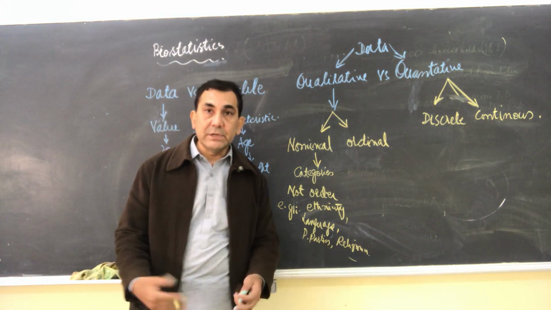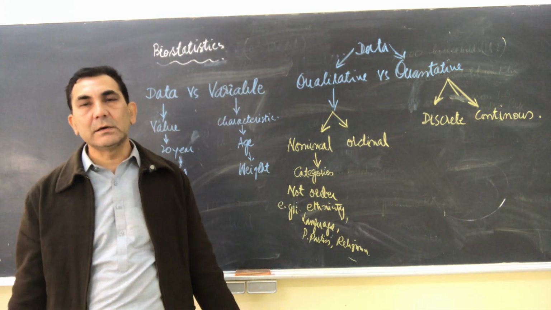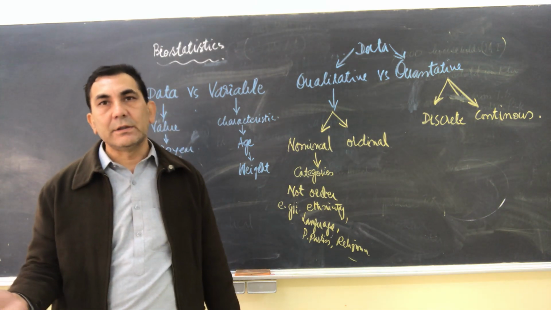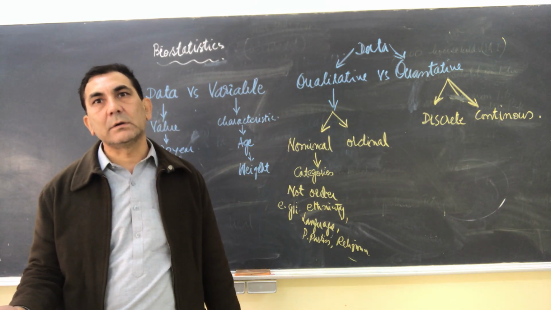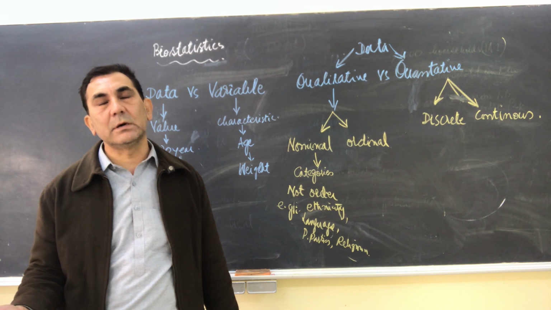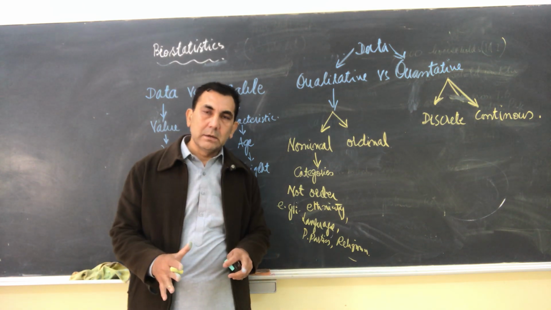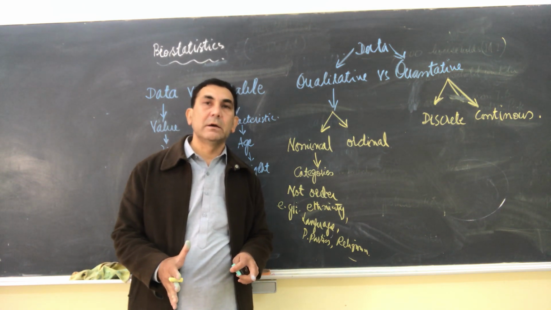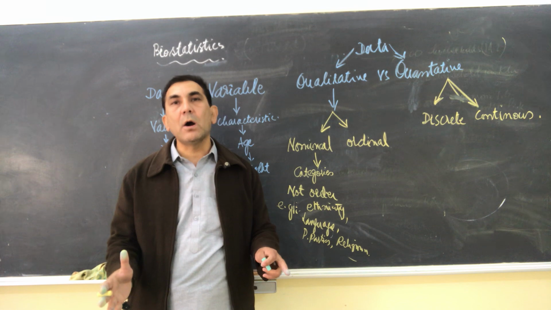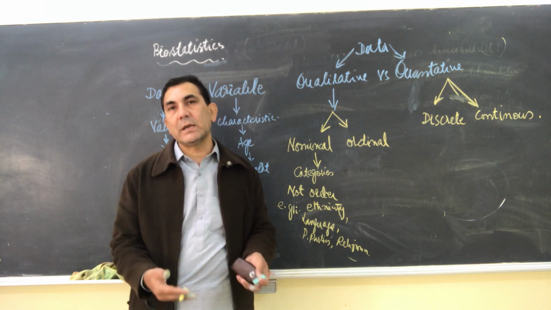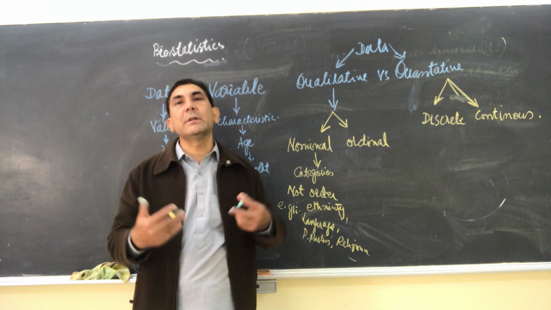Eye color is again in category form: dark, light brown, gray, green, or maybe blue. So this is eye color, but it is not in order form. And religion is again in category form, but not in order form.